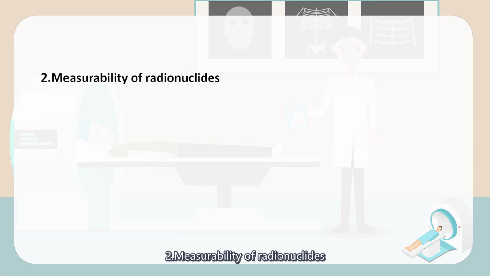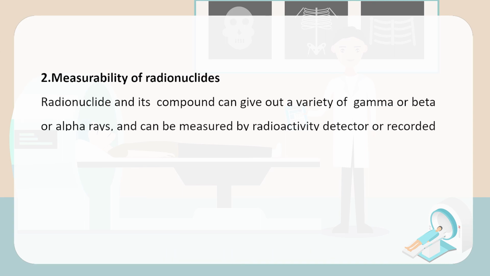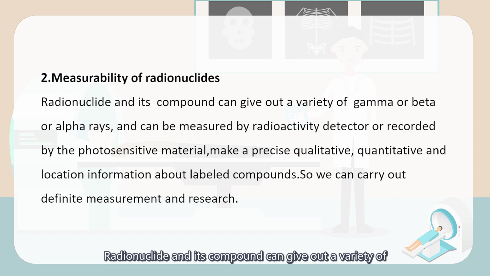Second rule is the measurability of radionuclides. Radionuclide and its compounds can give out a variety of gamma, beta, or alpha ray, and can be measured by radioactivity detector or recorded by the photosensitive material.